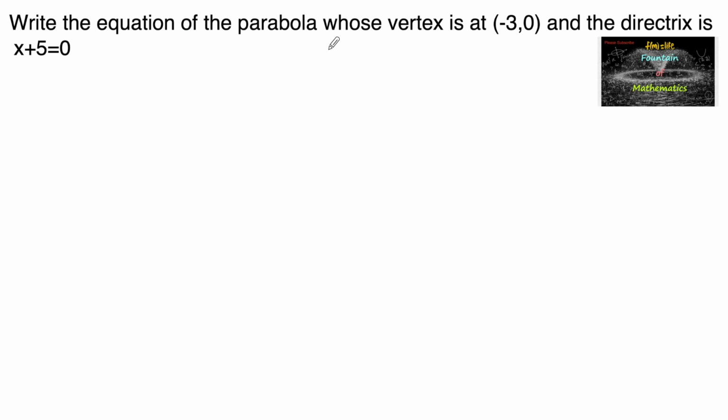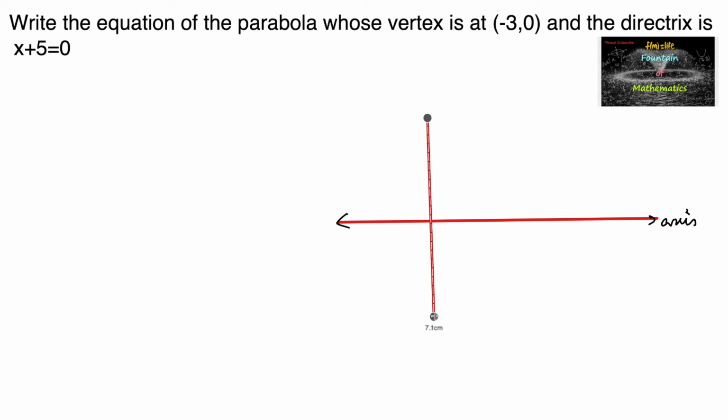Write the equation of the parabola whose vertex is at minus 3, 0 and the directrix is x plus 5 equals to 0. Let's consider the axis of the parabola, and its directrix is given x plus 5 equals to 0. So clearly x plus 5 equals to 0 is a vertical line that's parallel to the y axis, so x is equal to negative 5.